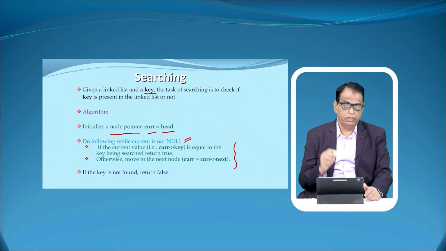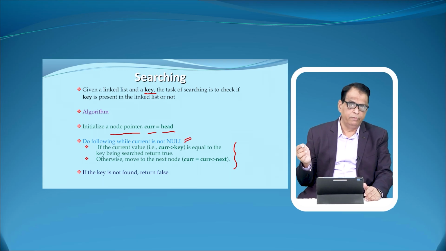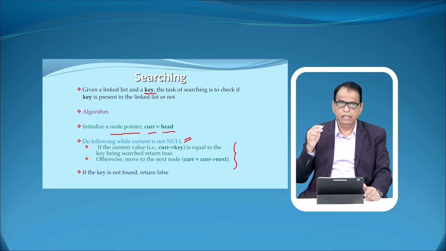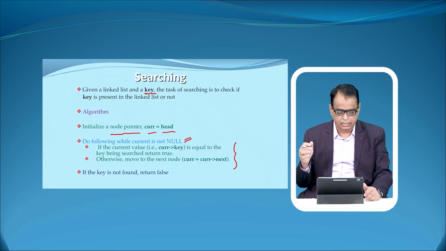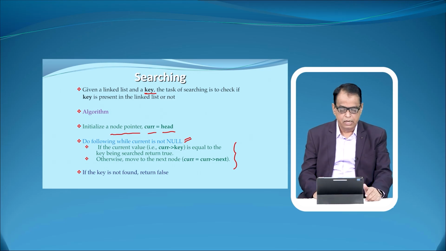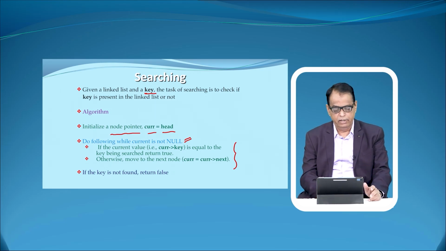Whenever we reach the last element of the linked list, the next pointer is null, and therefore the current value will become null. So when current becomes null, it means that we are at the end of the linked list. Therefore we will repeat the step of searching until current is equal to null.